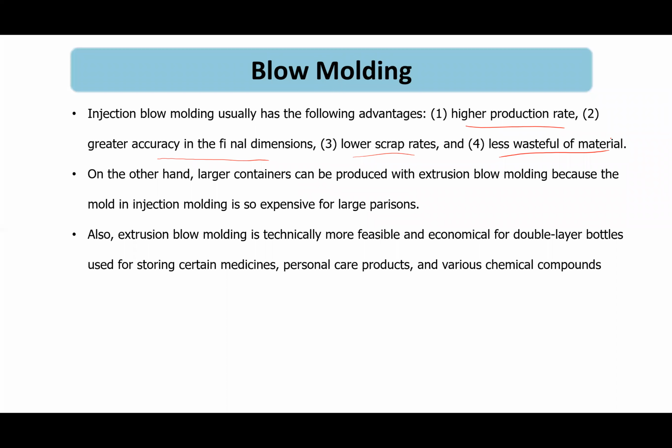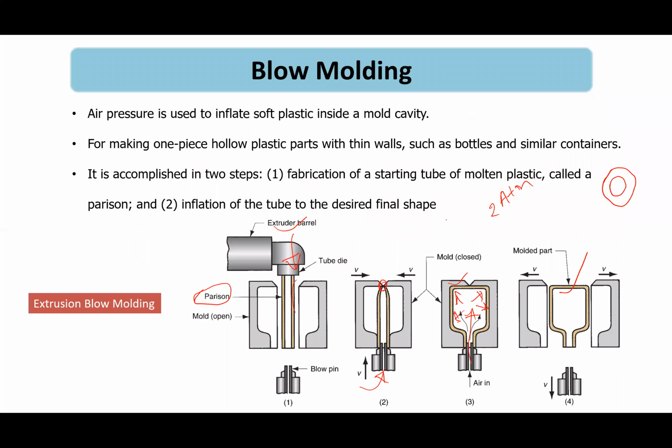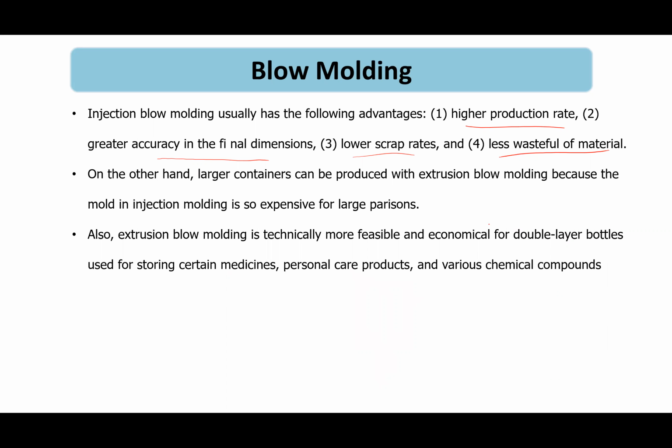All the material that comes out of the extruder is used, except that when you cut it in this place, a very small amount of material is wasted. But compared to injection molding, if you look at the sprue and runner, there's a lot of material being wasted.